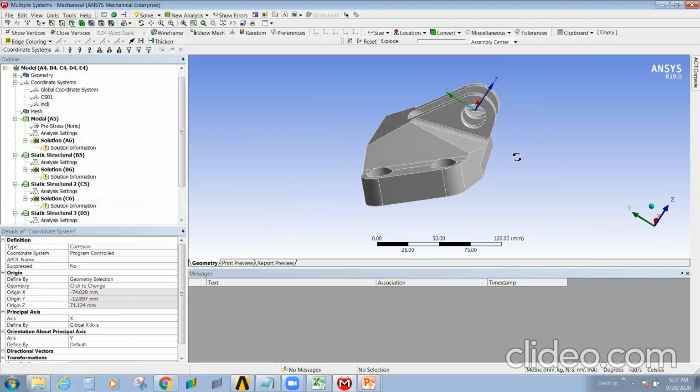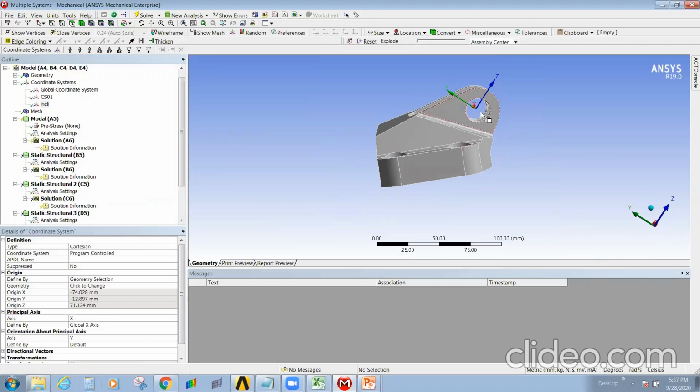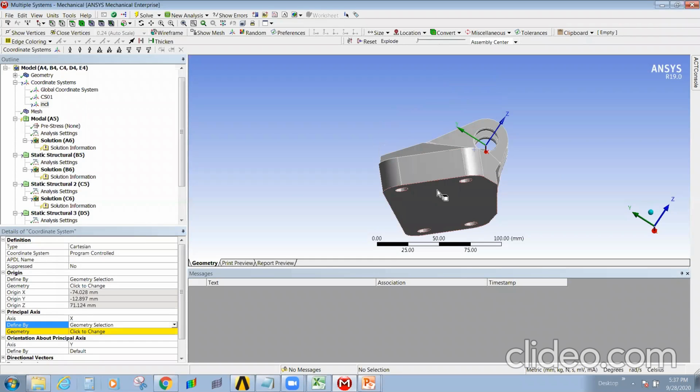Now I want this to be vertical and from there I require 45 degree. What I'll do, I'll select my X as geometry selection and select the base.